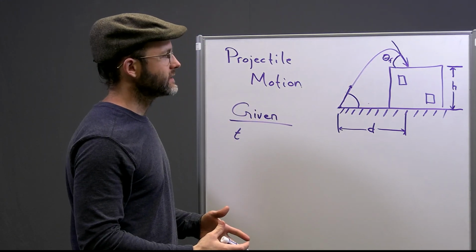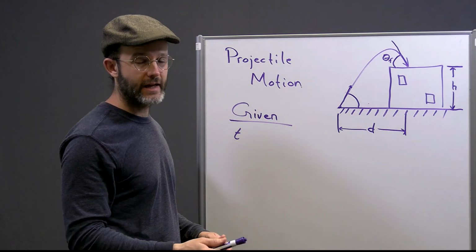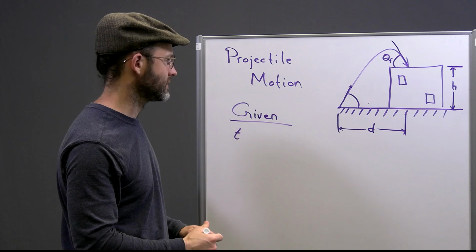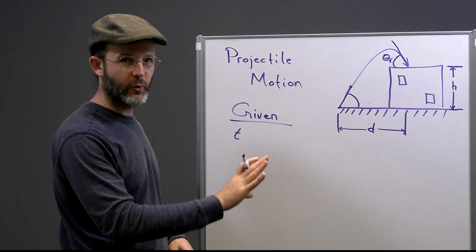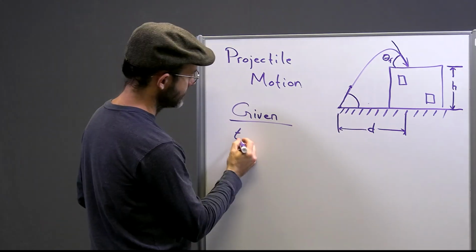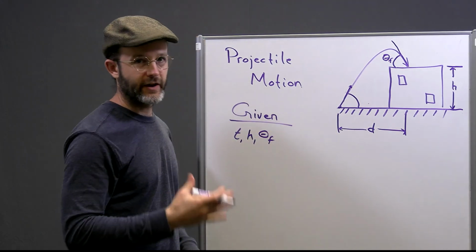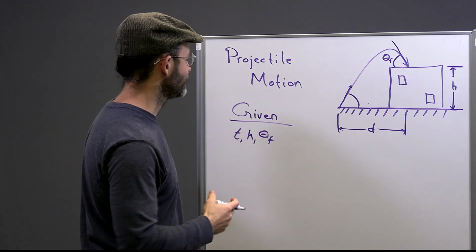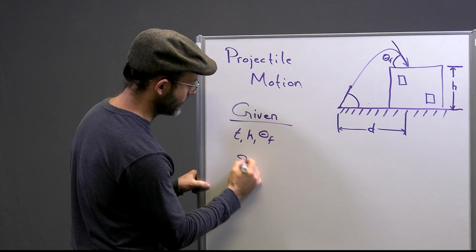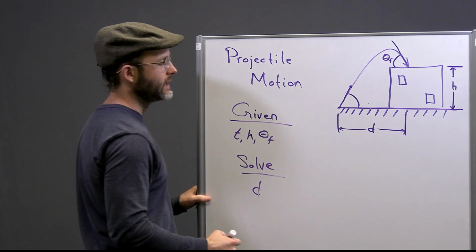It is not as common, but it helps to illustrate a really interesting point about classical mechanics problems. So we're going to go with it. Can we solve for d if we're given the height, the time, and the final theta? These are what are given, and we want to solve for d.